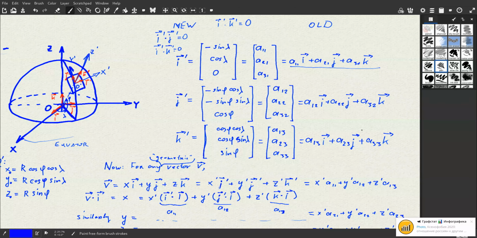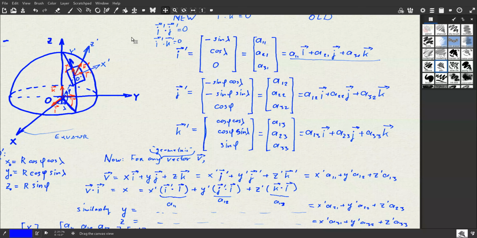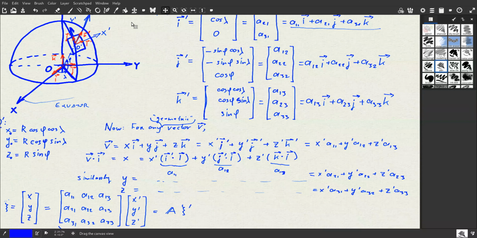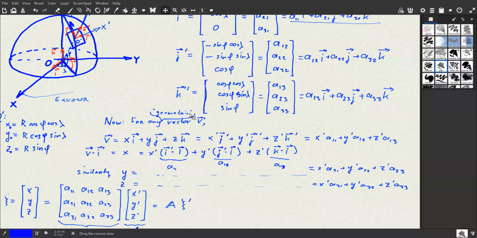Okay, now I will dwell on that point once again. For any geometric vector v, I will explain later on what it means. It really means a geometric vector which we consider as a directed straight line segment.